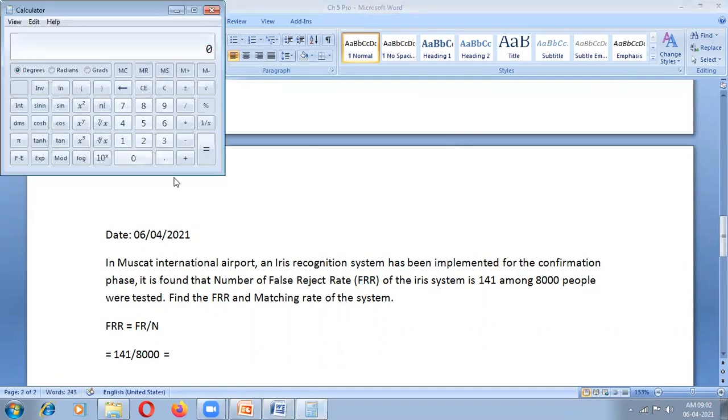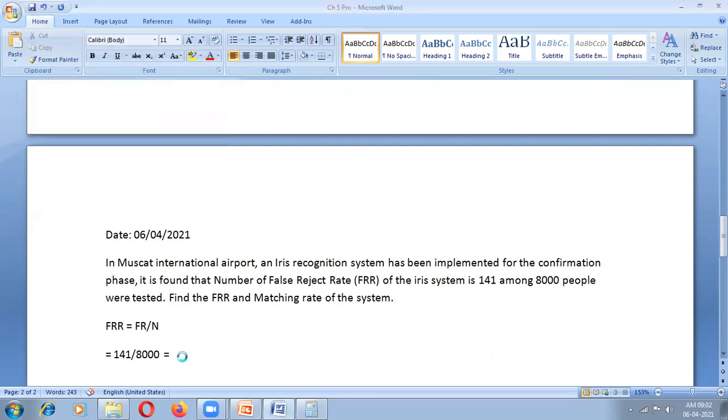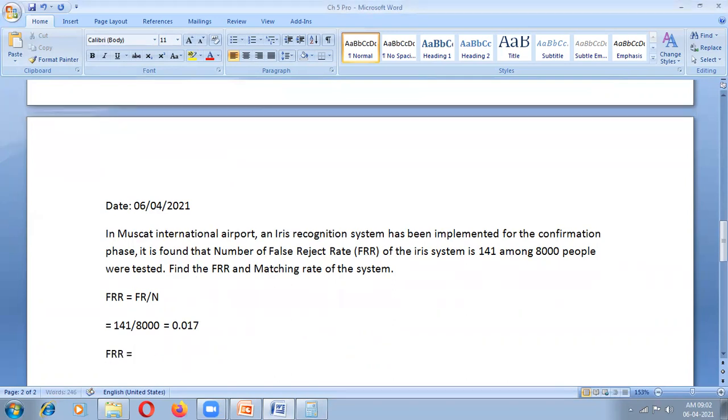You can use the calculator, 141 divided by 8,000. That means 0.017. 0.017 is the FRR.